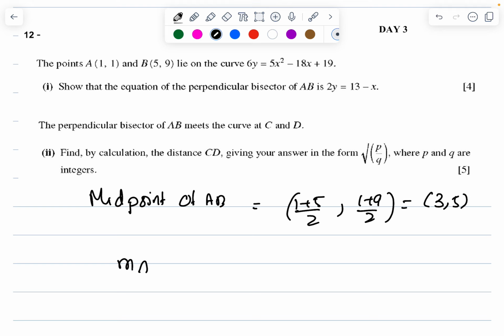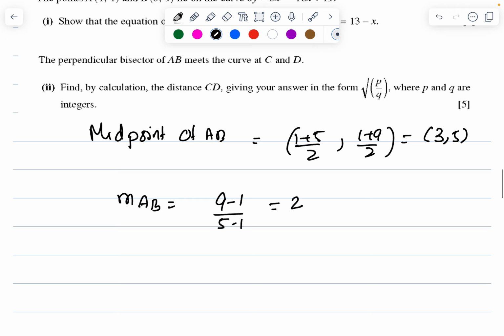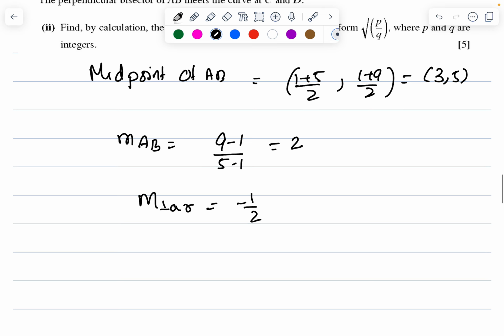Then I am going to find the gradient of AB, (9 minus 1)/(5 minus 1), which is 2. So the perpendicular gradient is going to be minus 1 by 2. So the equation will be y minus y1 equals minus 1 by 2 times x minus x1. So I'll be getting 2y equals 13 minus x.